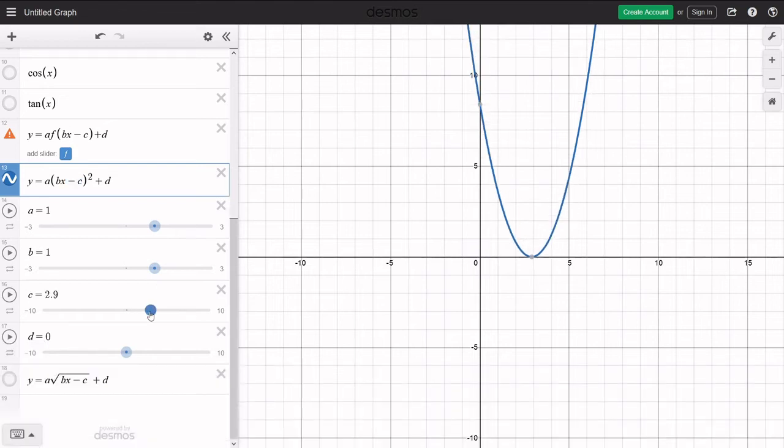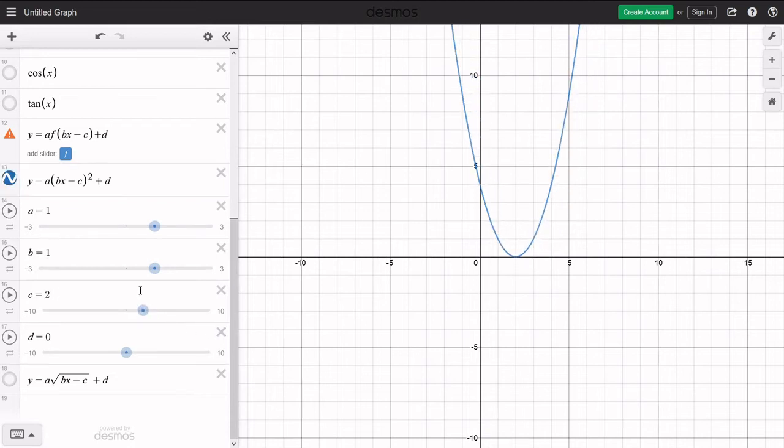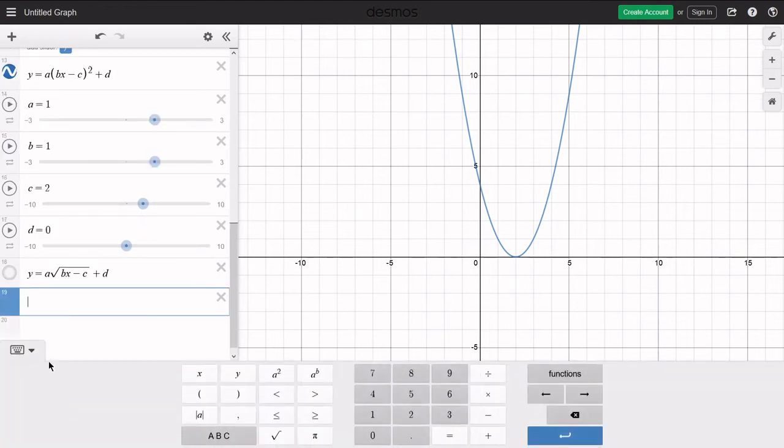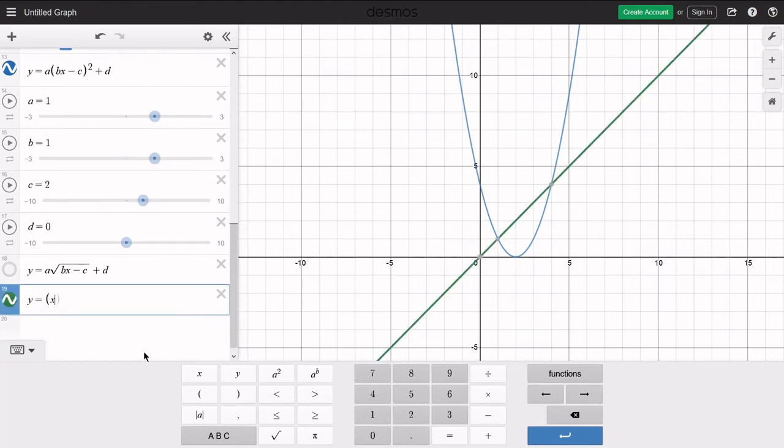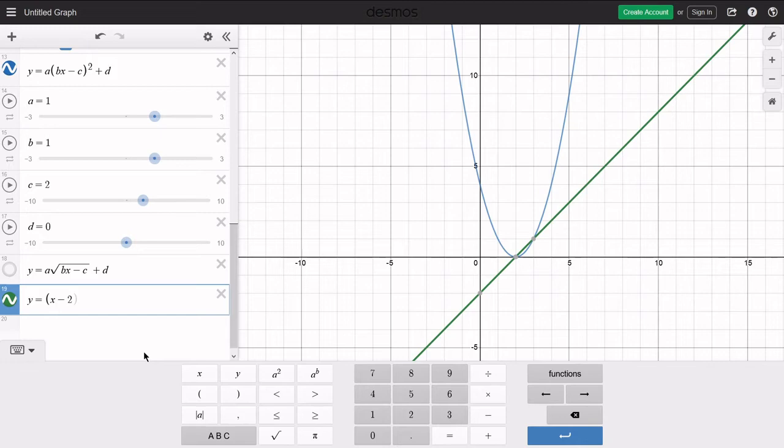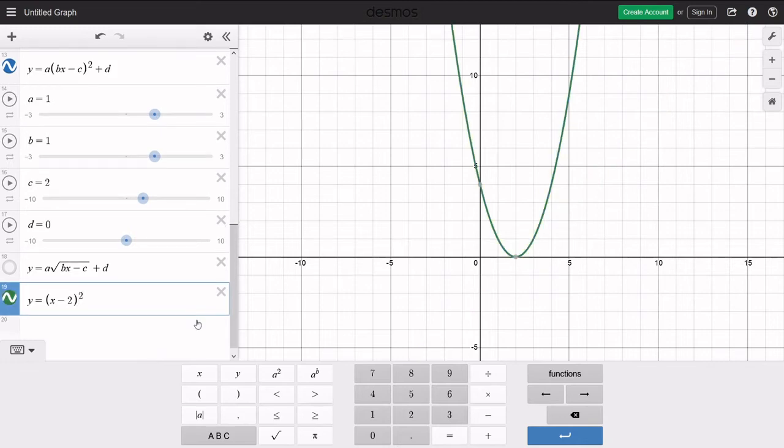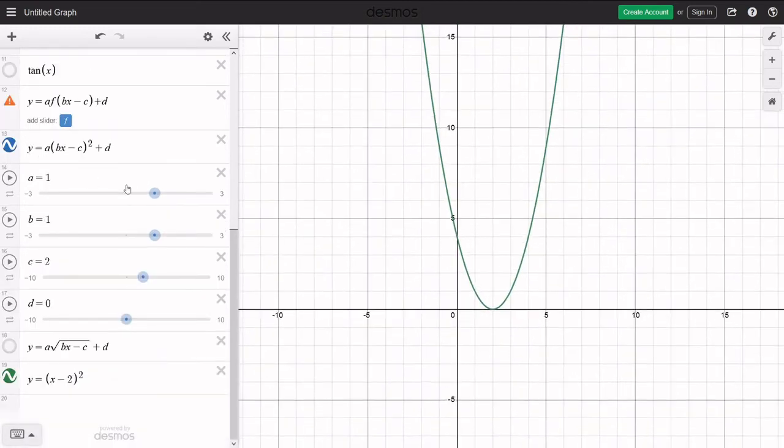So for instance, if c is 2, then really this whole thing collapses down to y equals x minus 2, that quantity squared. You can write it like this. Y equals x minus 2 squared. And you see they're the exact same thing.